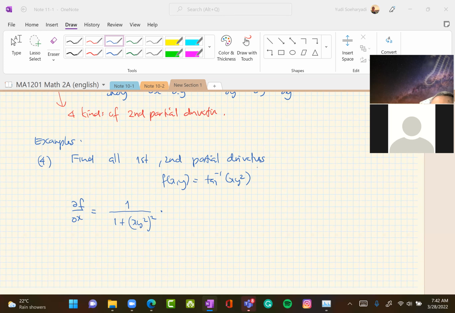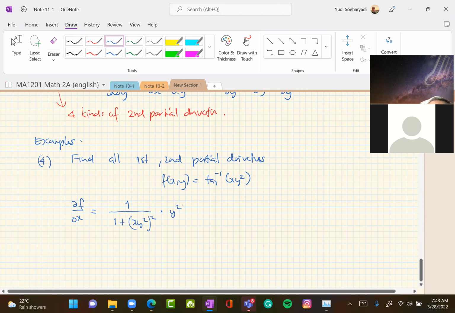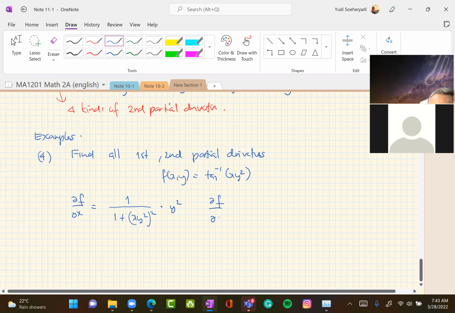So d/dx of this: take the derivative with respect to x. y squared is constant, so it just stays a constant. While the partial derivative with respect to y is the same as this, but the derivative of x y squared with respect to y, x is the constant in this case.